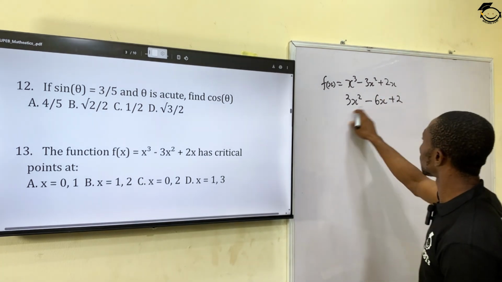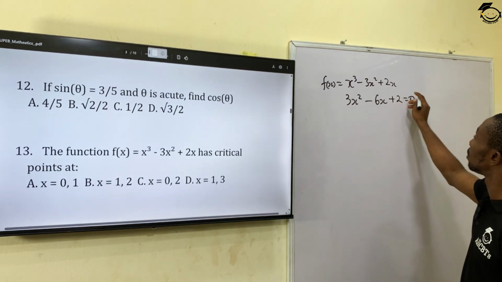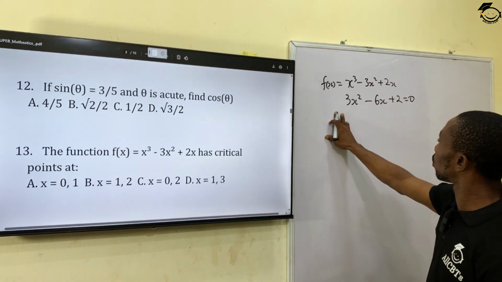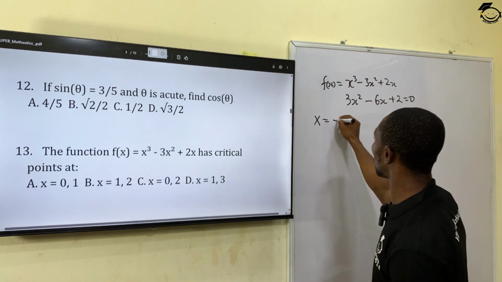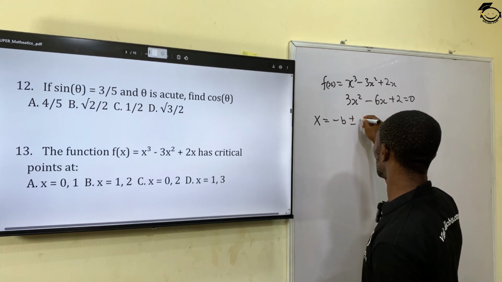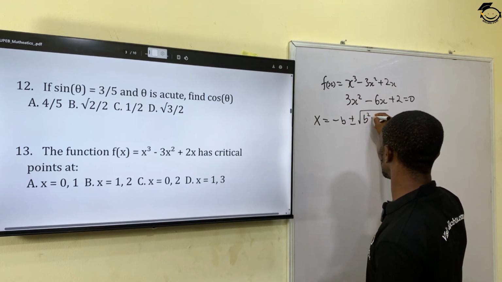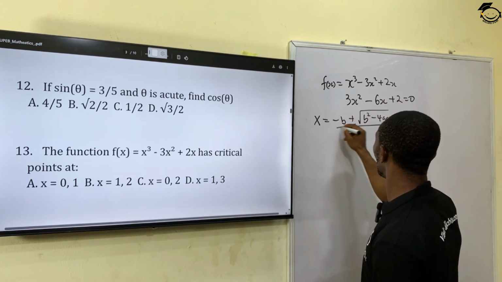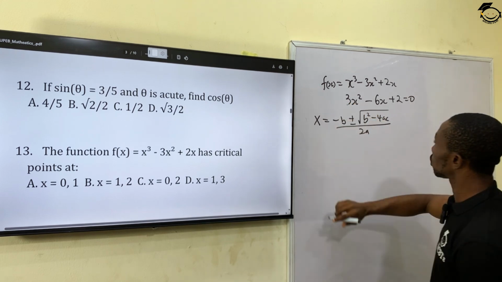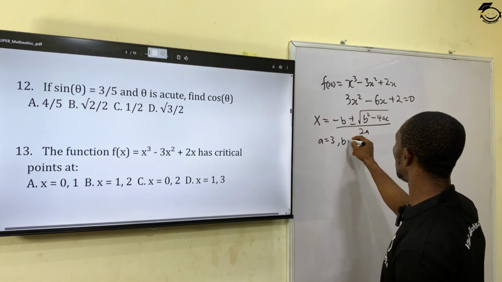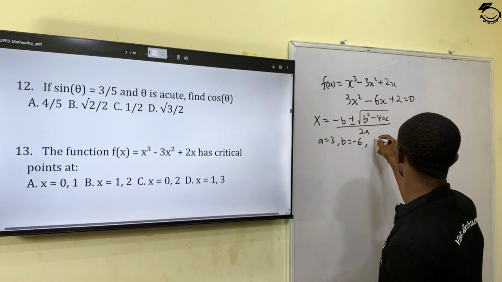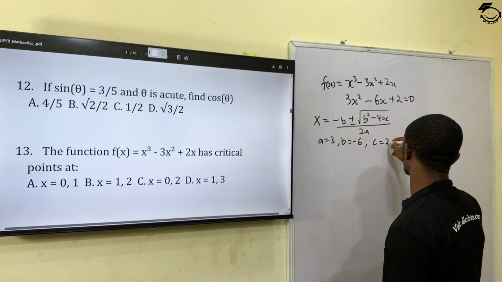Having this as our new equation, we can now use our quadratic formula to solve this out. Our formula says x equals minus b plus or minus root b squared minus 4ac all over 2a. In this situation, our a is 3, b is minus 6, and c is 2.